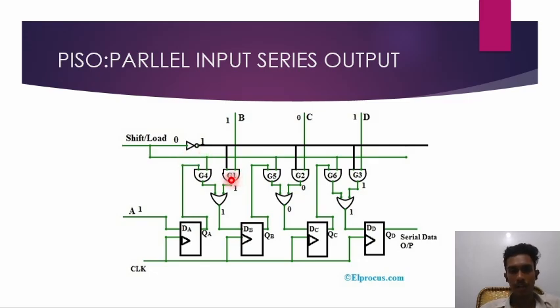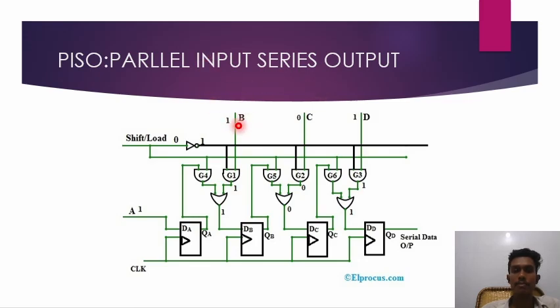Here G1, another AND gate, has one terminal connected to the shift load, which gets complemented. That means if you give 0, you get 1 here, and if you give 1, you get 0. The other terminal of G1 acts as the parallel input, as we said, parallel input and serial output.